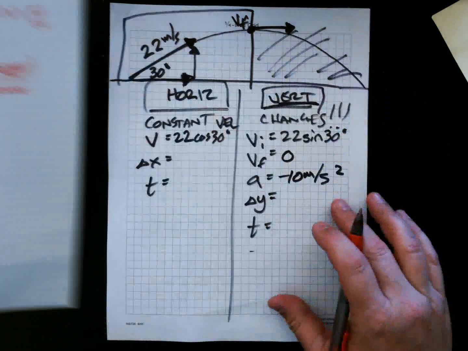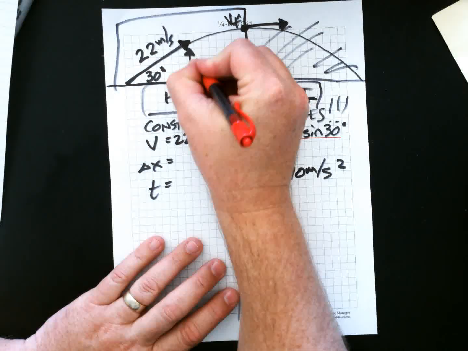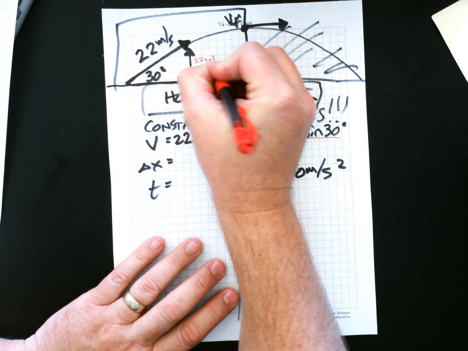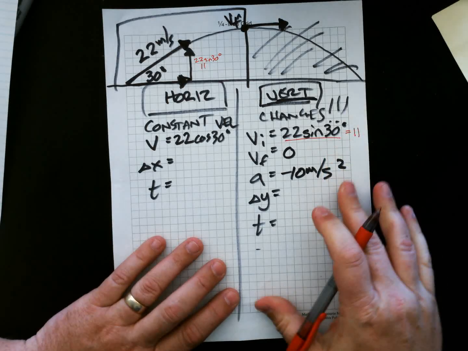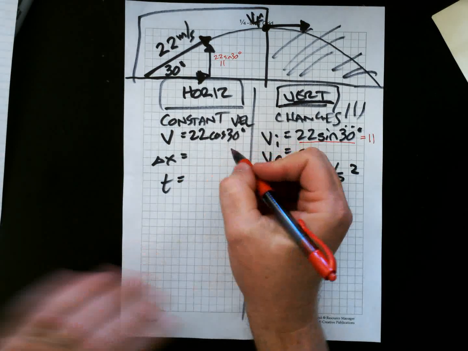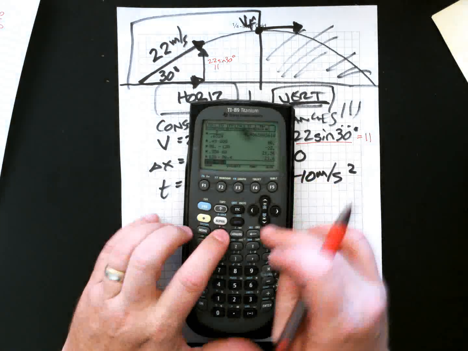So now 22 sine of 30 is 11. That is my initial vertical, okay? 22 cos of 30, I have no idea what that is, so I'm going to turn it into the correct mode.